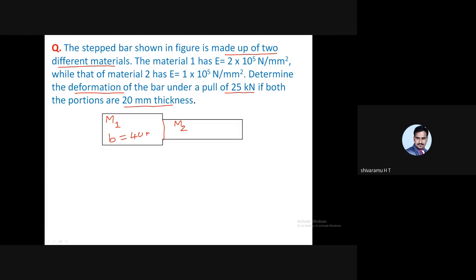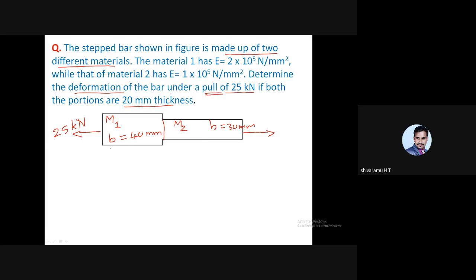So B is equal to 40 millimeter, and for portion 2 or material 2, B is 30 millimeter. It is subjected to a pulling, that is a tensile load, of 25 kilonewton.